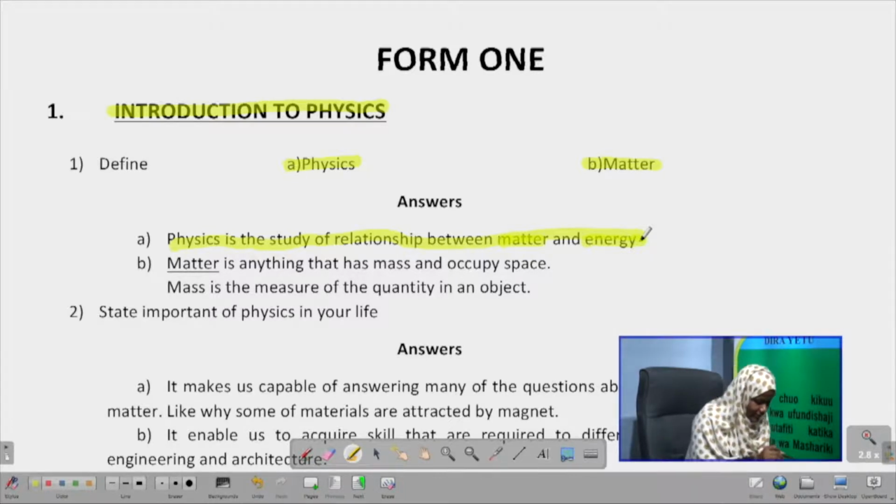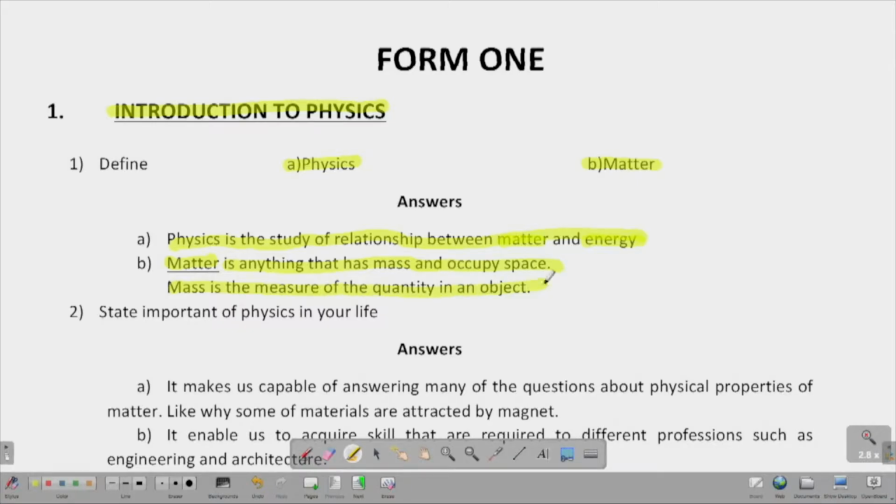So the second, this part B says matter is anything that has mass and occupies space. Right. So everything surrounding us has mass, right? And it occupies space. So basically, that we know that is matter. Before you ask what is mass, we can say mass is the measure of the quantity in an object.